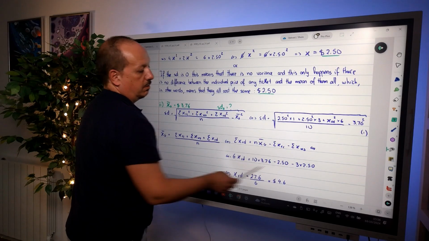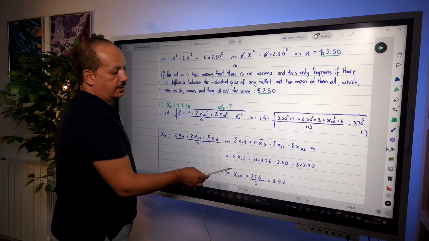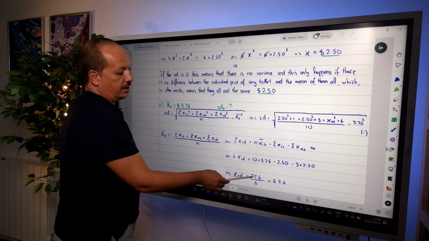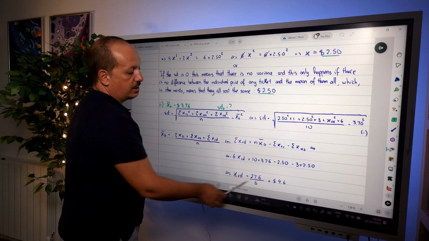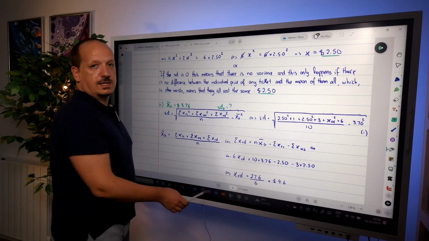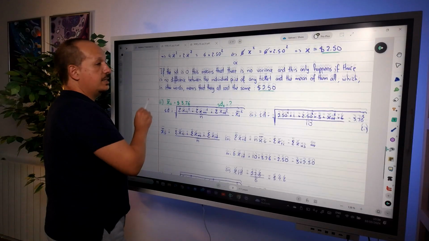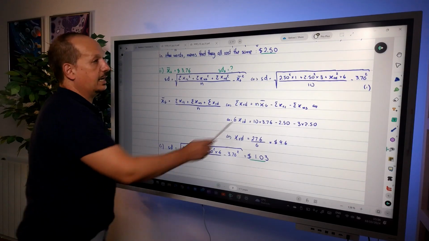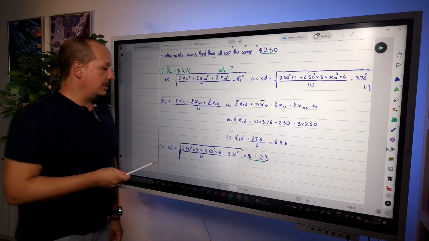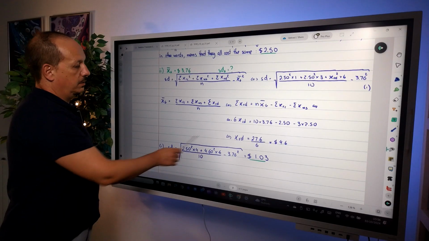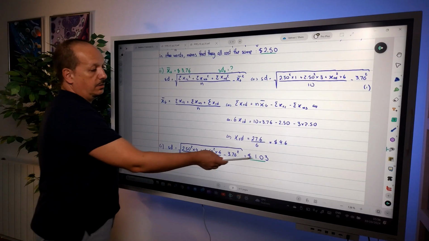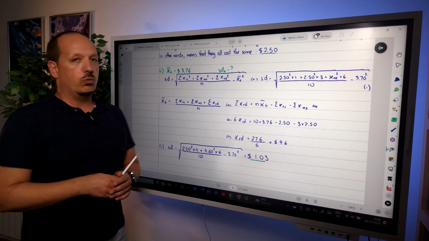So calculator, and you get a value of 27.6. Divide this by 6, and you have a price for this ride of $4.6. Now that we know this, we go back to this equation where we left it, plug in the value there, put everything in a calculator, and you get the standard deviation of $1.03.